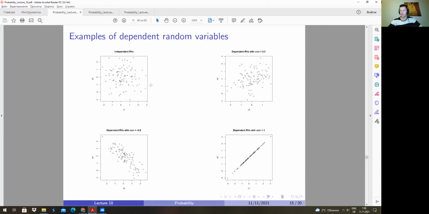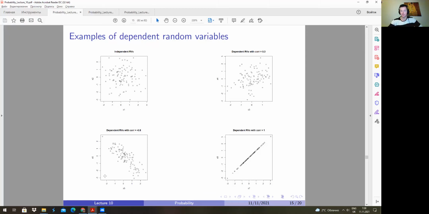So here are two extremes. This is completely independent random variables. This is dependent random variables, and these two random variables have the highest possible covariance and the correlation coefficient as well.